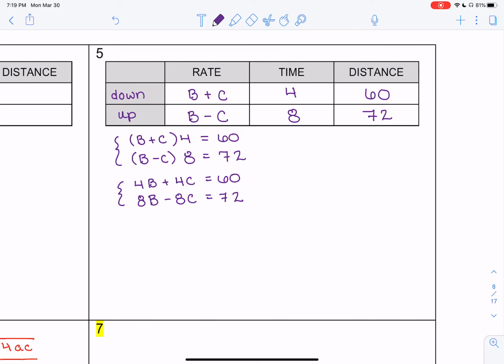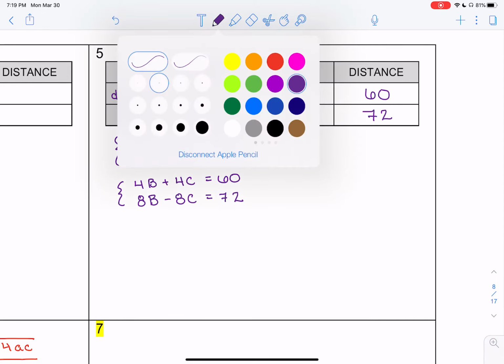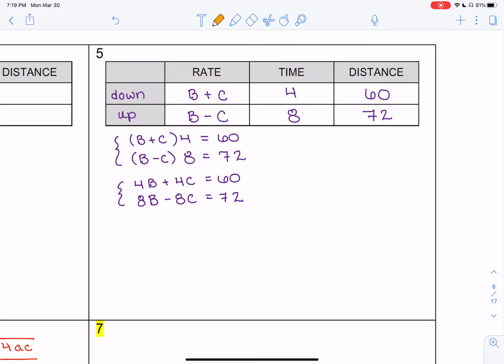I can use elimination on this. It might be a faster route. I see that I have a plus 4C and a minus 8C. I could just multiply that top equation by 2 and then bring it down here. So multiplying by 2, I would get 8B plus 8C equals 120.